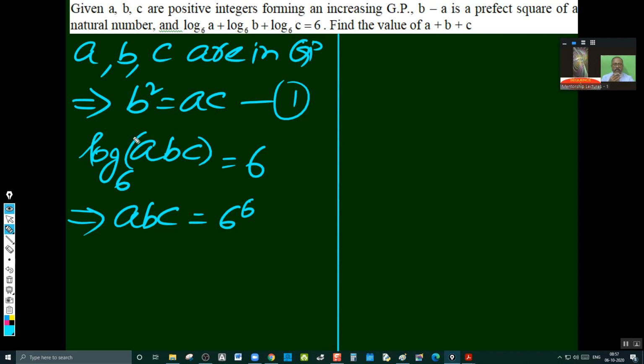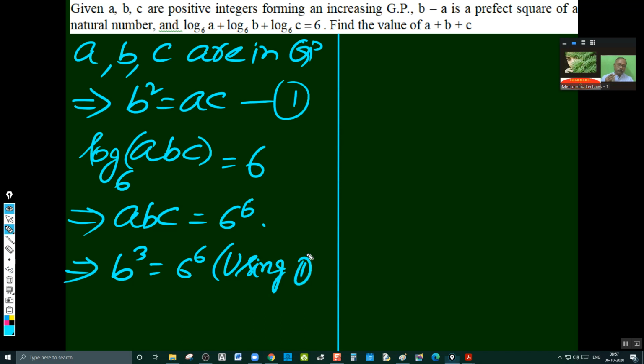But AC is given to be B square. So B square into B is B cube, B cube is equal to 6 power 6 using 1. So B is equal to 6 square.